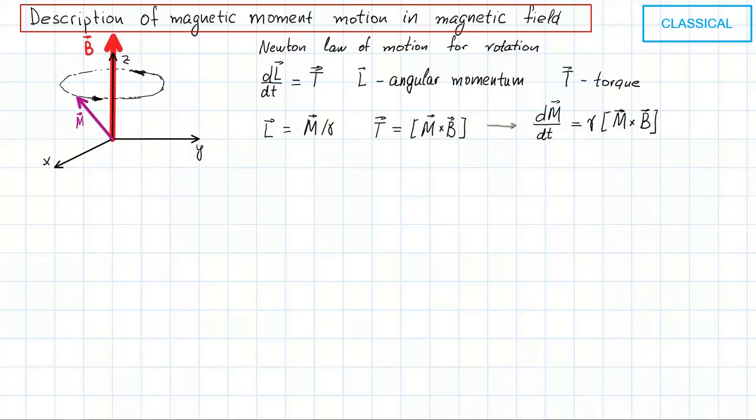In order to solve this equation, it is convenient to introduce a rotating frame x', y', z', which rotates in the laboratory frame xyz with the frequency omega. I will rewrite the dynamic equation in the new rotating frame.